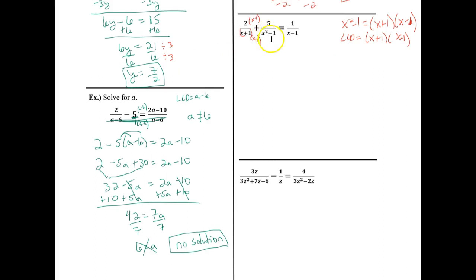The middle rational expression here already has x plus 1, x minus 1. That's what x squared minus 1 factors into. This has both pieces of our LCD. I leave it alone. The last rational expression has the x minus 1.